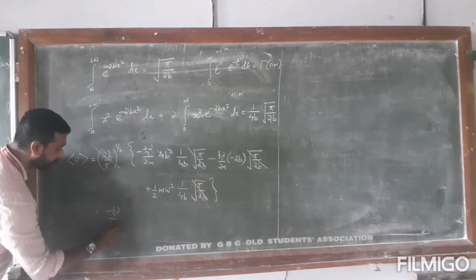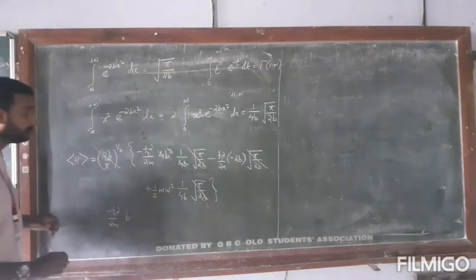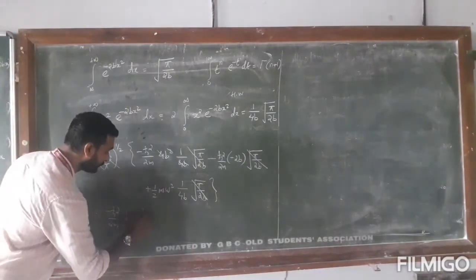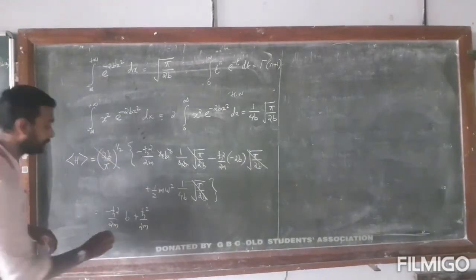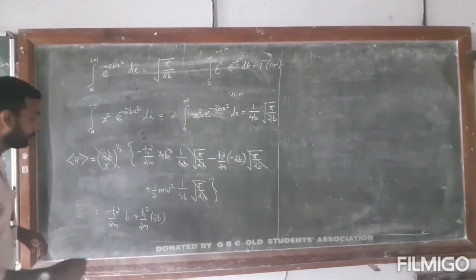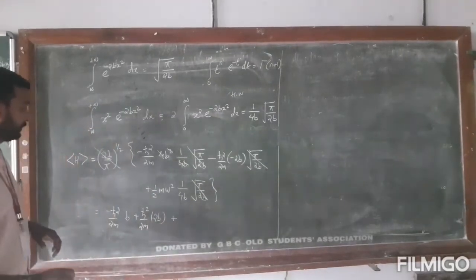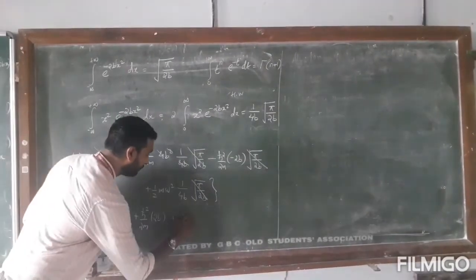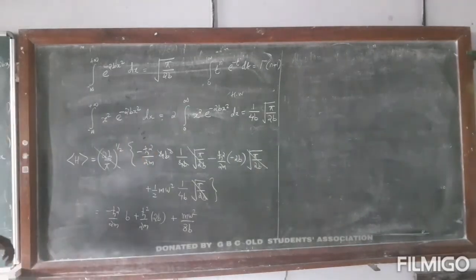This would become minus ħ²/2m times b, plus ħ²/2m times 2b, plus mω² divided by 8b.